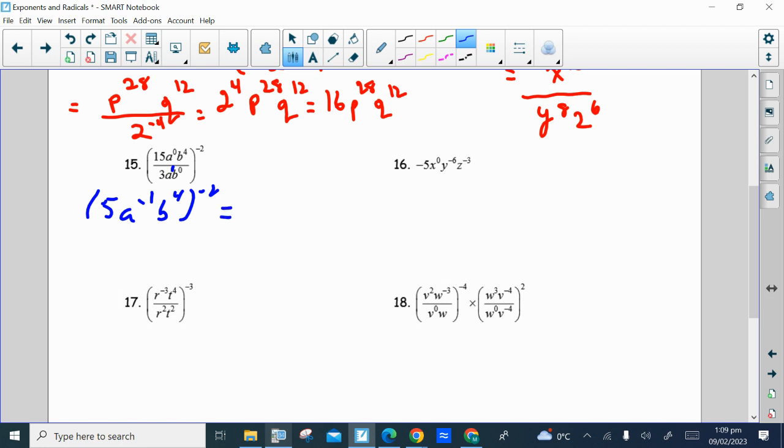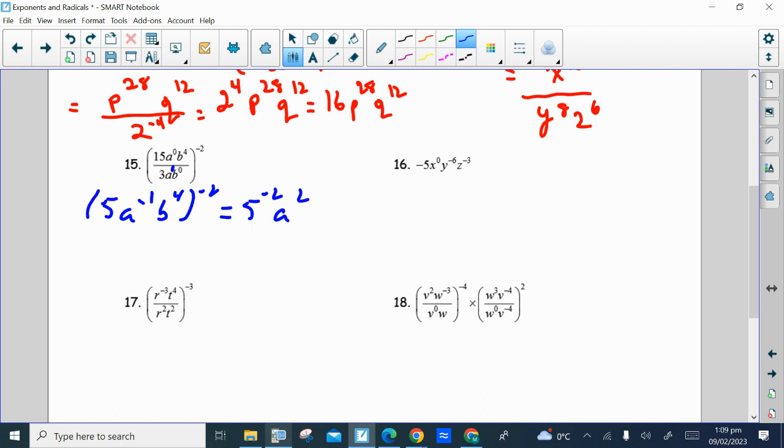Now I'll raise everything inside the bracket to the power negative 2 and outside, including the 5. When you raise a to the negative 1 to the negative 2, you have one exponent raised to another, so you multiply those exponents. And we'll get a to the positive 2.